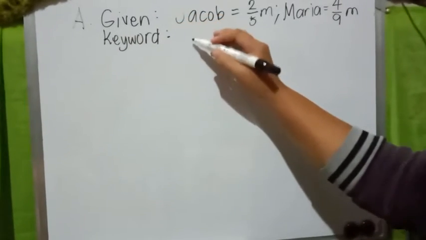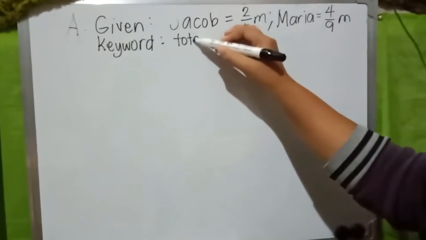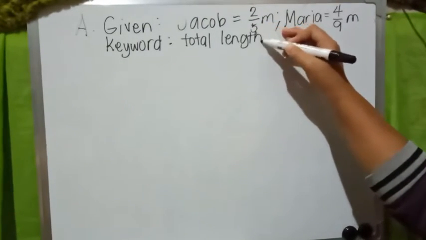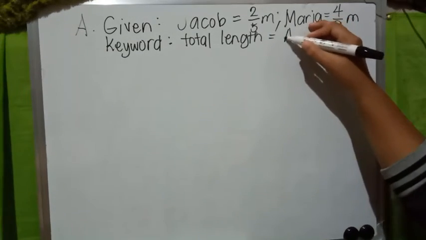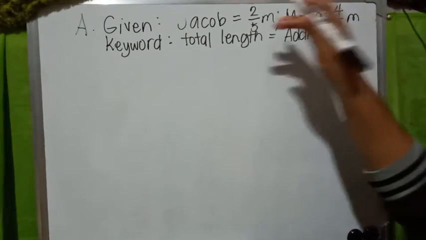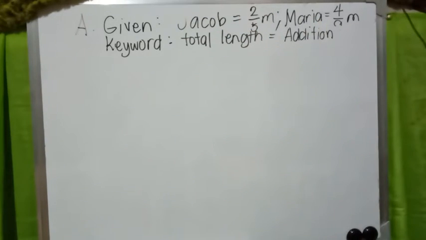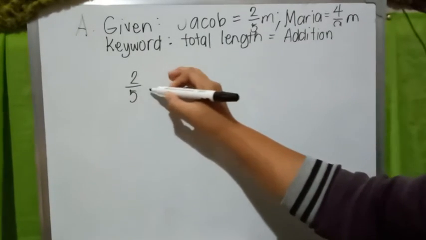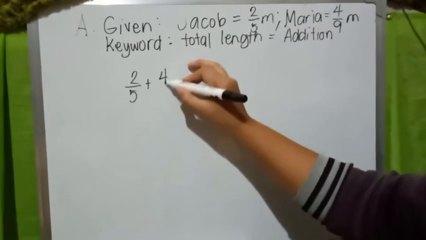Okay, very good. The keyword there is total length. When we say total, it represents addition. So we need to add the length of the rope of Jacob and Maria. So we have 2/5 plus 4/9.